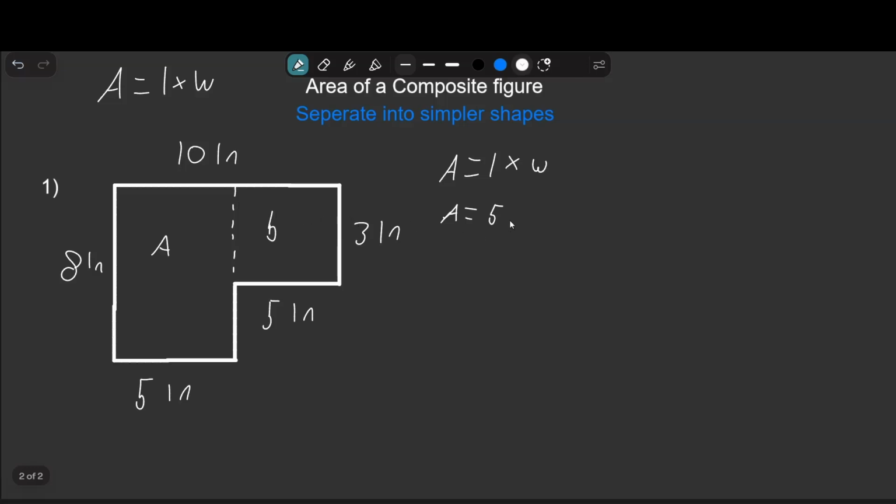So 5 times 8 equals 40 inches. Now we have A equals 40 inches, but we still have to do B.